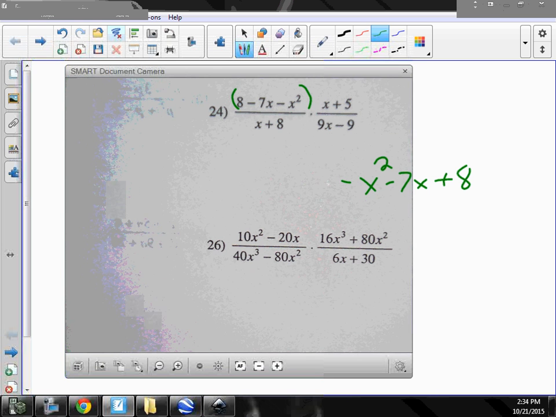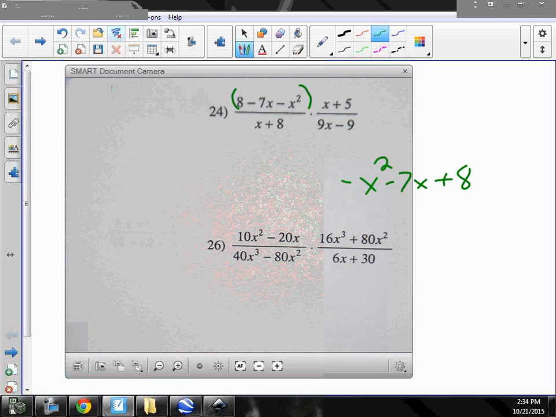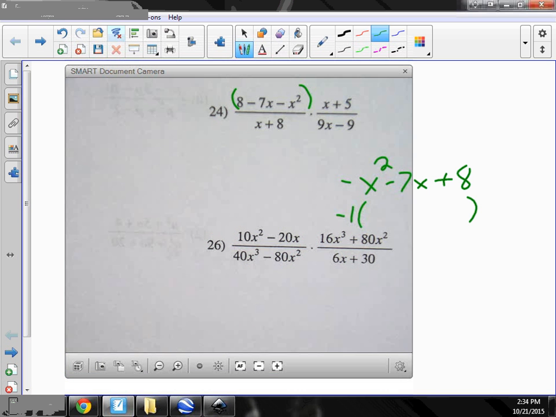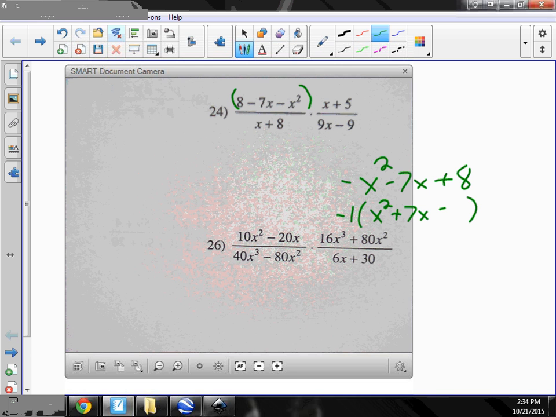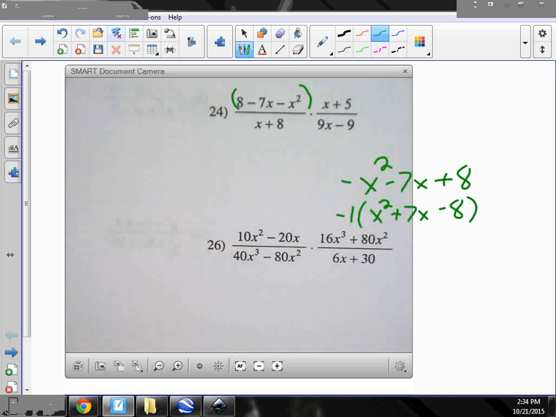I can factor out a negative 1. So I put a negative 1 outside, and then I'm left with x squared plus 7x minus 8. Does that make sense? Now, are there factors of negative 8 that add to be 7? 8 and negative 1.